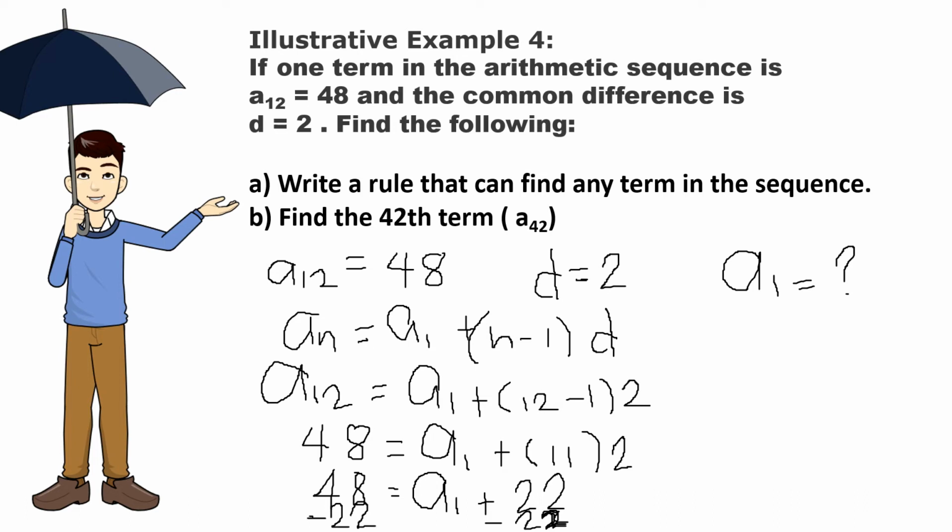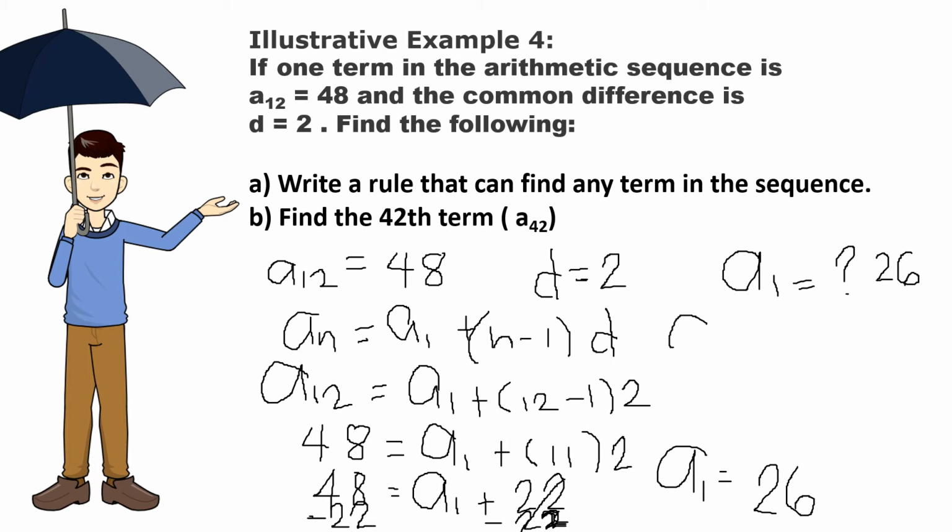So, we have now a sub 1 equals 48 minus 22. The answer is 26. Then, makakancel na natin to. Kaya a sub 1 equals 26. Yan. So, ito na yung value ng ating a sub 1, 26. Then, para sa ating letter A, what is the rule to be used?